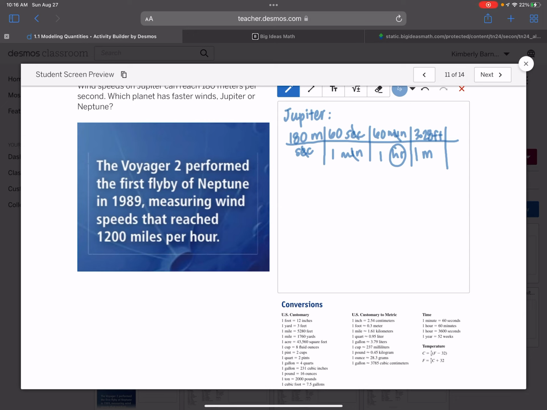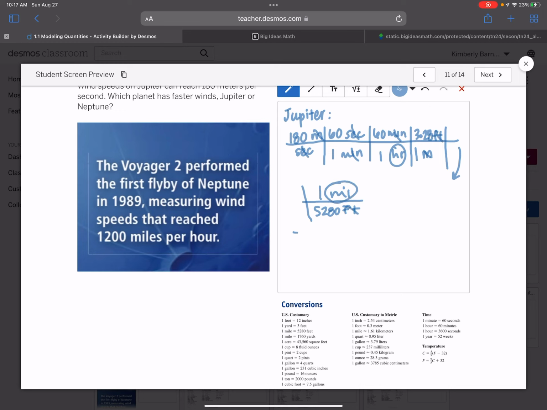And then I'm going to come down here because I'm running out of space. Okay, and then I'm going to go feet to mile. So there's 5,280 feet in 1 mile. All right, so that's canceling out meters and feet and giving me miles.